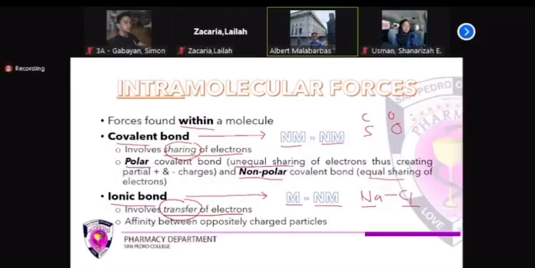Nangyayari ang unequal sharing of electrons because there are some atoms na electronegative, kung saan i-attract niyang electrons towards itself. So, ang mangyari, ang isang side, sobra ng electrons, yung isang side, konti lang ang electrons. So, polar covalent bond, unequal sharing; non-polar, equal sharing of electrons.